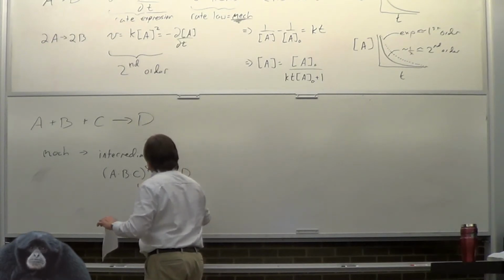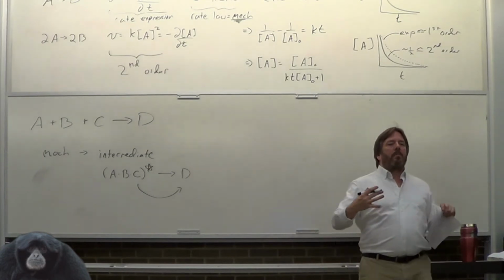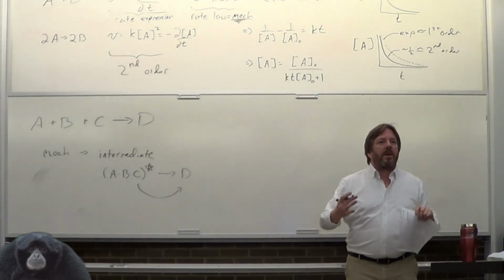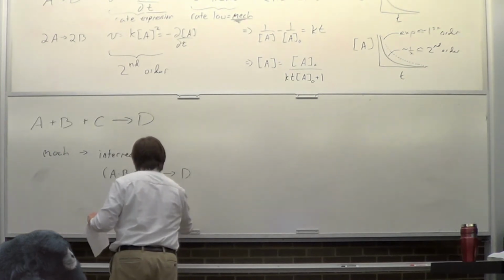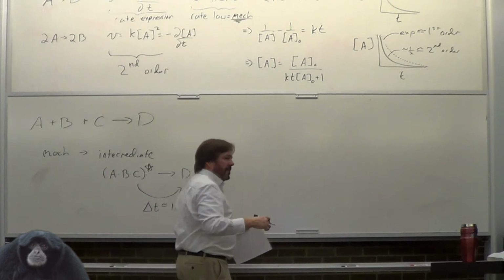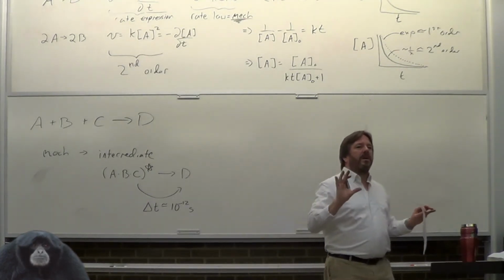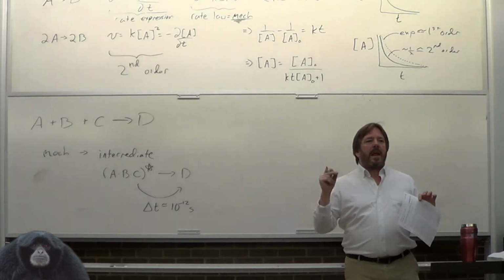Now here's another little thing I want to let you know. When reactions do occur, when bonds break and atoms rearrange, that process is generally on the order of about 10 to the minus 12 seconds. That's a picosecond. In other words, this happens really quick. When a reaction is set up to go, it happens very quickly.